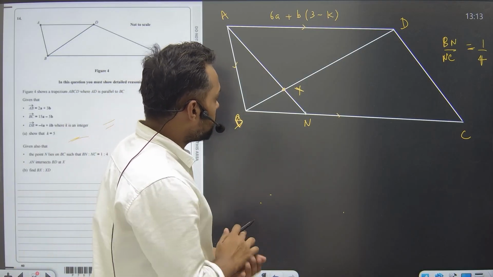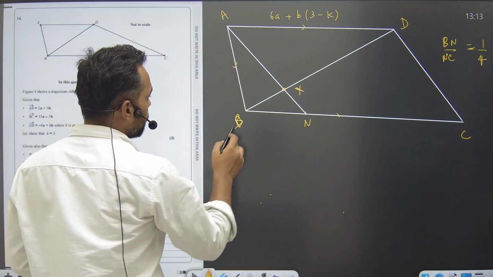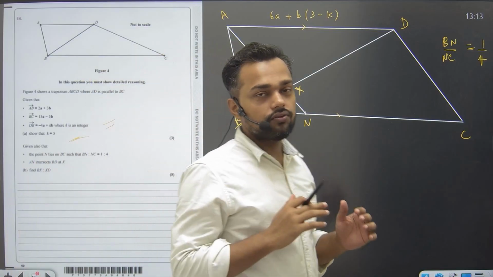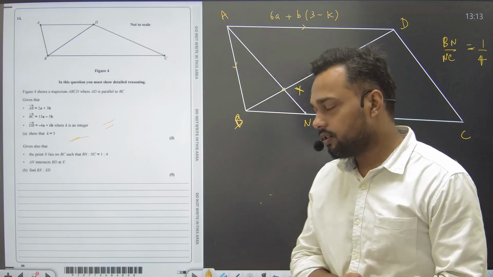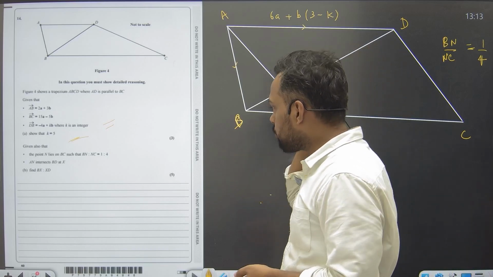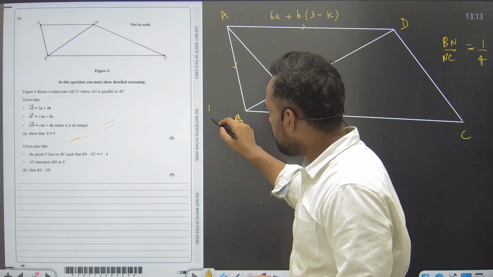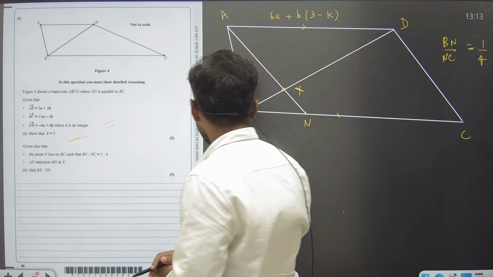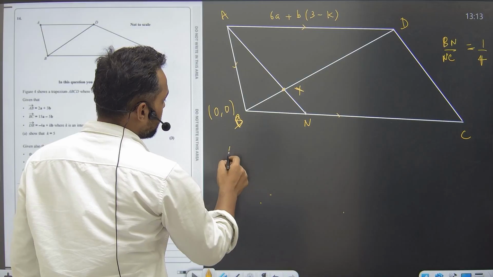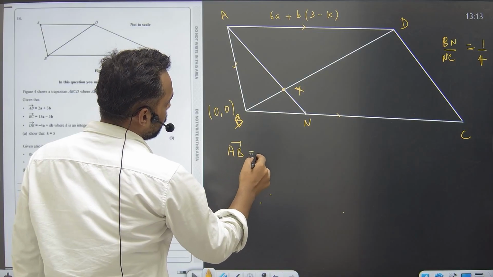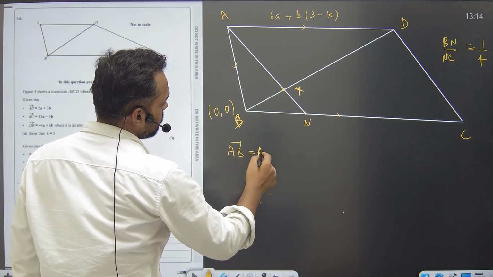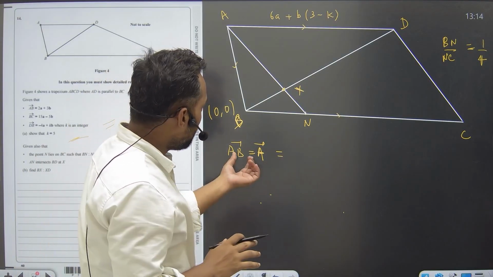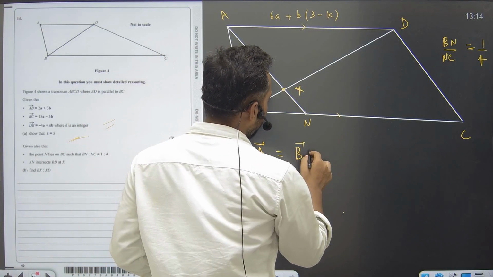BN by NC, they have given the ratio 1 by 4. This question could be solved in various ways. My approach to this problem is that I'll be taking B as the origin point, (0,0). So the AB vector, let's say, will be given by B vector minus A vector.